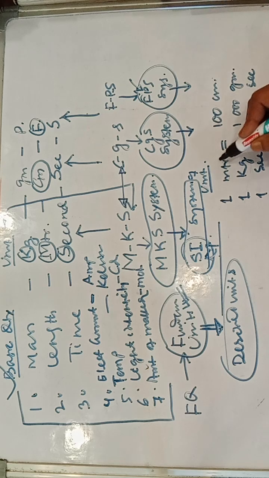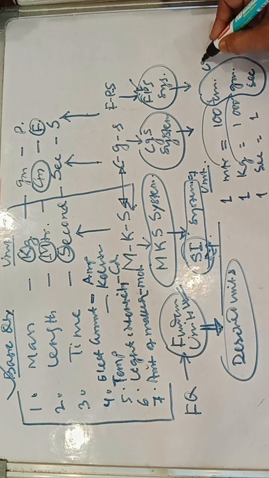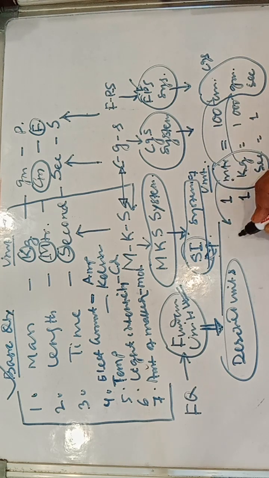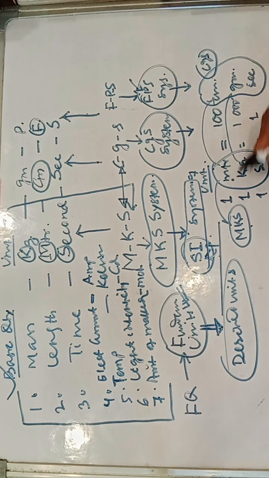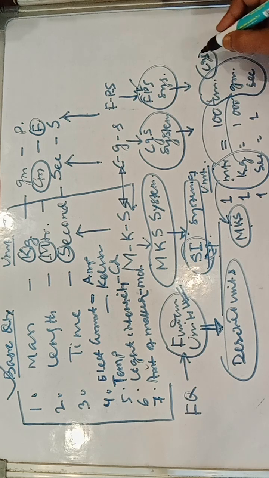That means when meter is converted to centimeter and kg is converted to gram, this system becomes our CGS system. When we express in terms of meter, kg, and second, it is MKS system. That means MK system and CGS system are internally connected to each other.